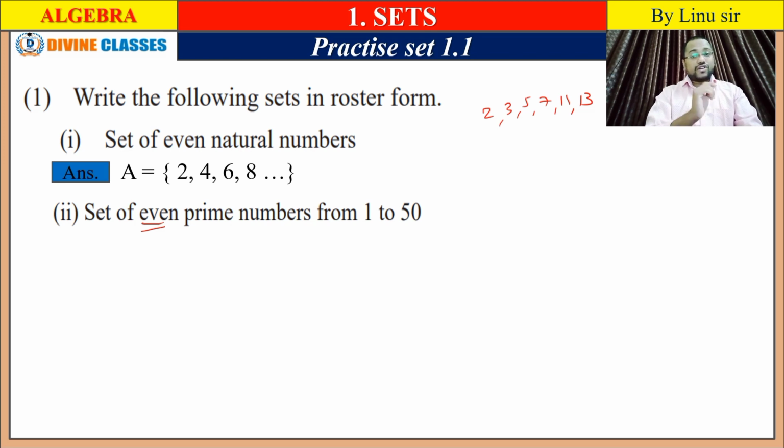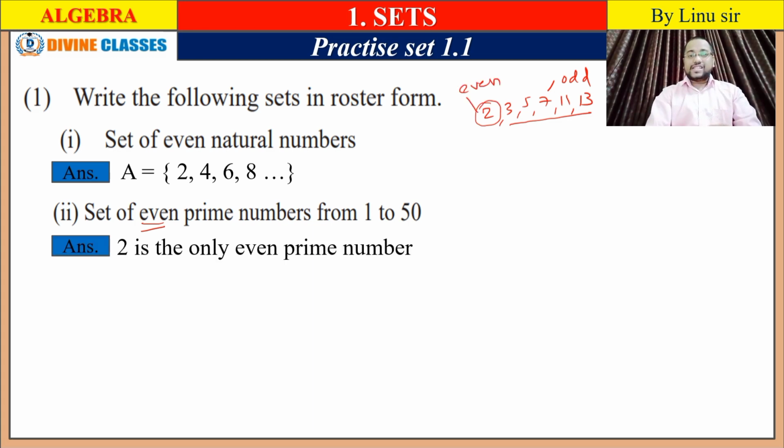It is a very important point that all prime numbers are odd numbers, except one number, that is 2. That means we can write the answer this way: 2 is the only even prime number. Therefore B is equal to, in curly brackets, 2.